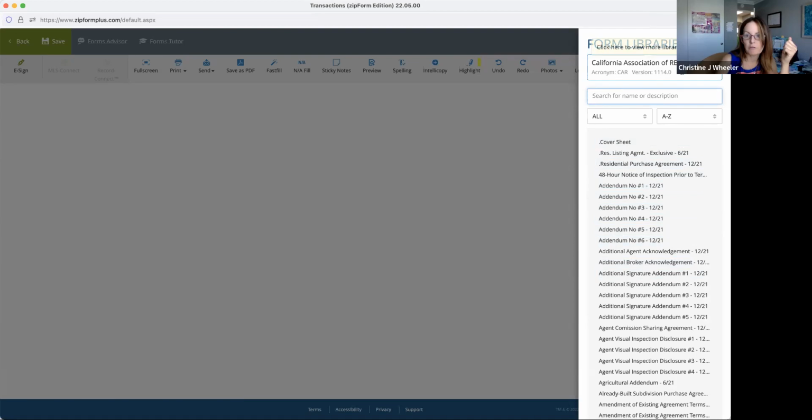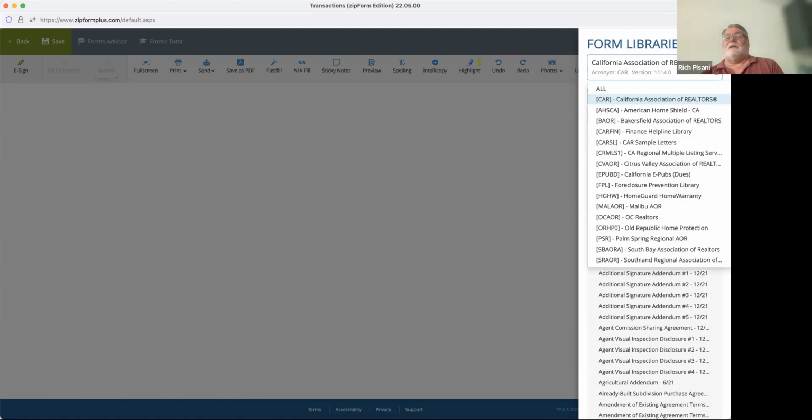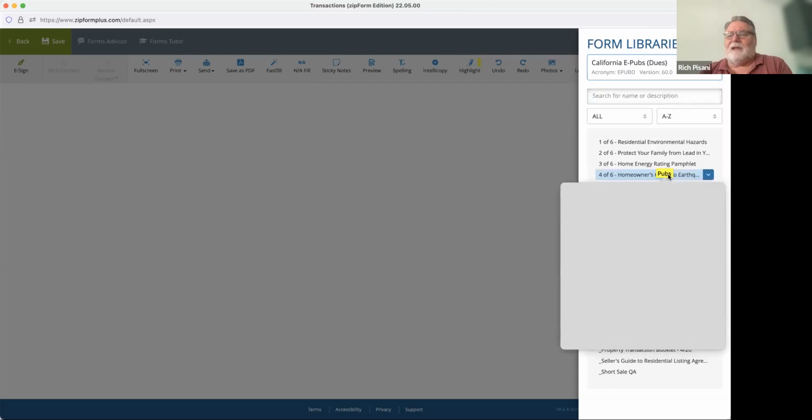Yes. Okay, great. For these forms, you need to pull down that forms library. You'll see all of these different associations, because I belong to all of these ridiculous associations, and each one of them has their own forms, so their library is in mine. You'll go down to California EPUBs. I have no idea why this stuff is here, but that's where it is. So you go to EPUBs.